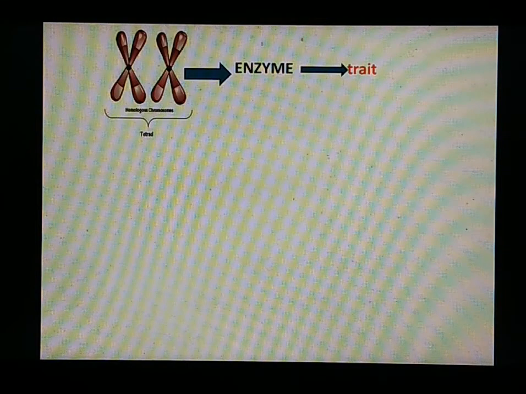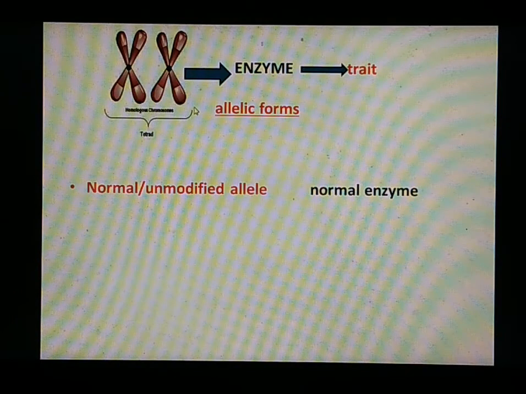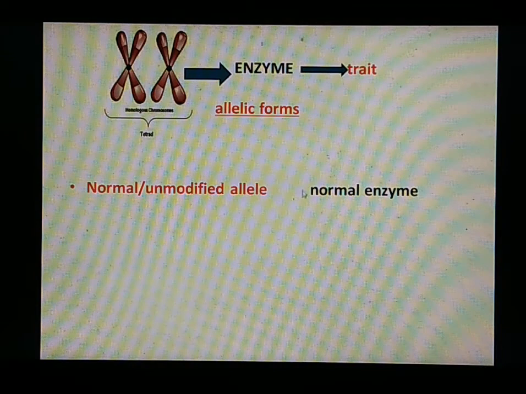These are called allelic forms because there are two copies of these genes, located at a particular locus on the homologous chromosomes, so they are always paired. If this allele is normal, that means there is no modification, no mutation has occurred, so definitely it will produce a normal enzyme, and that normal enzyme will give a particular trait.